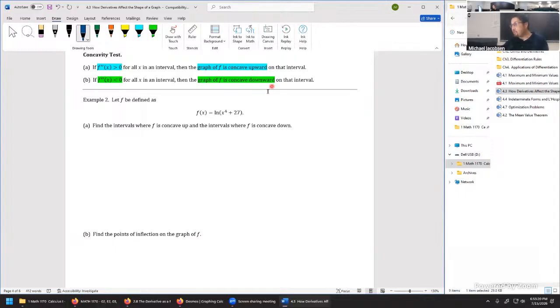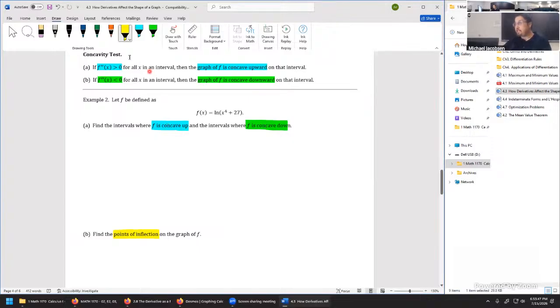We're going to use it on this logarithmic function here to find intervals where the function is concave up and intervals where the function is concave down. After we do that, we'll find points where concavity changes, which are points of inflection on the graph of the function. And as you do this problem, it should feel very, very similar to example 1.